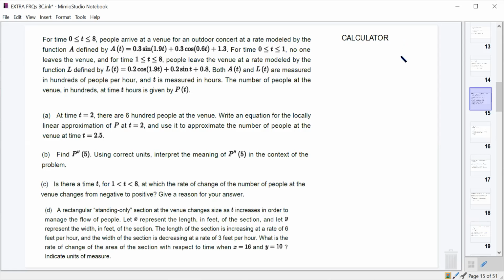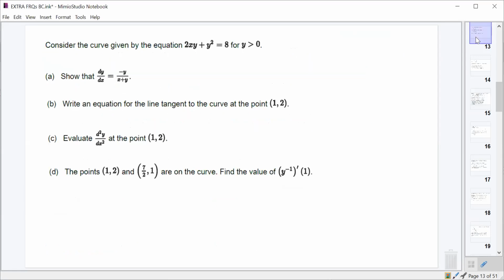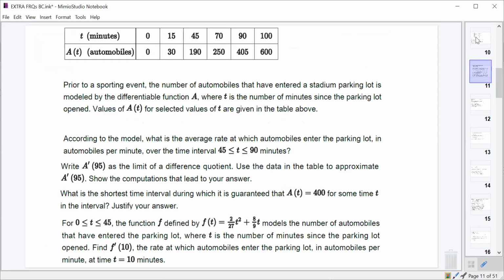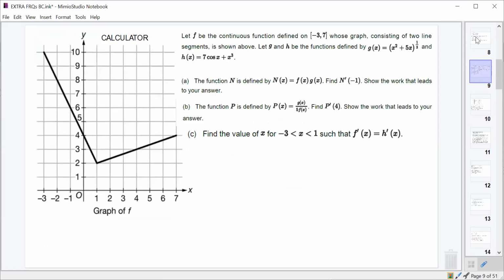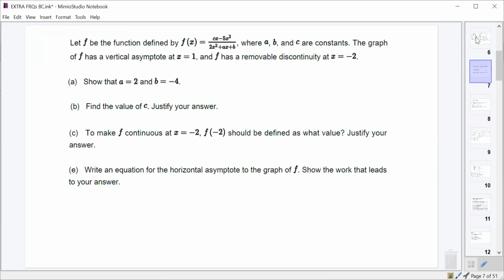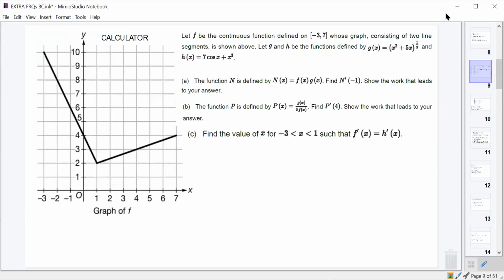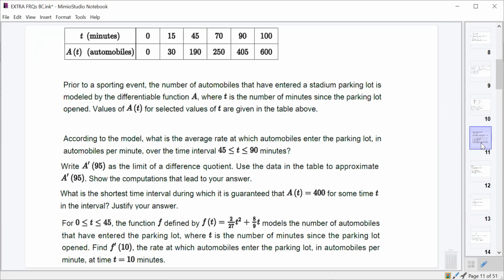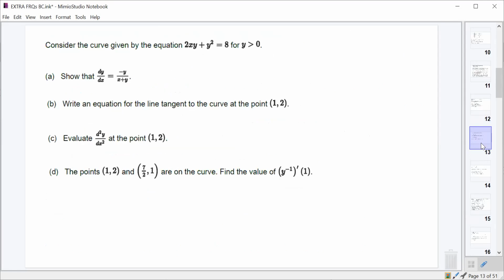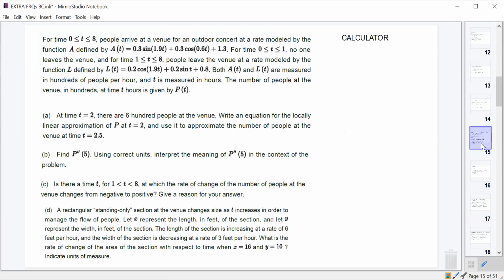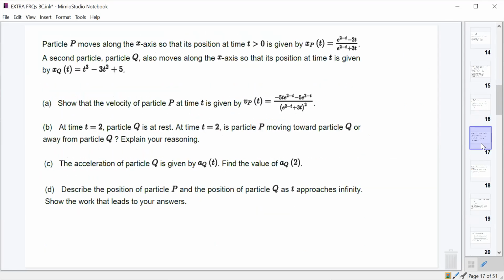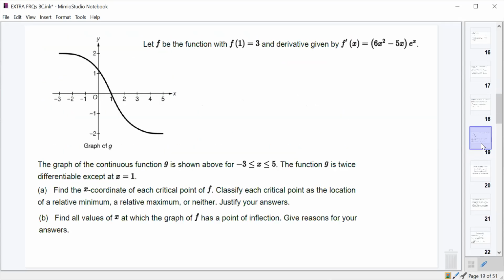Okay. Let's see if I can find a related rates thing in here. I mean, we sort of did one a minute ago, but let's see. I don't see one in here with related rates.